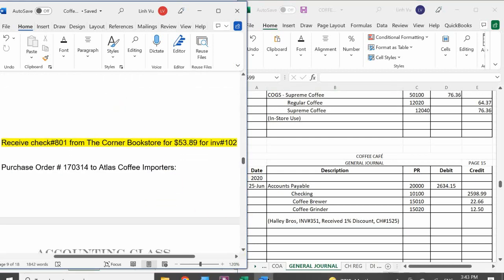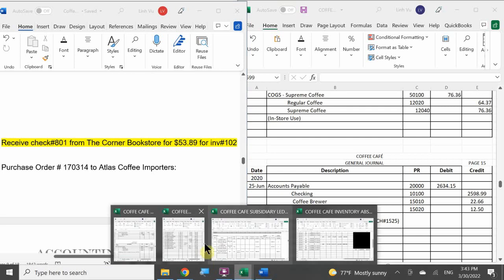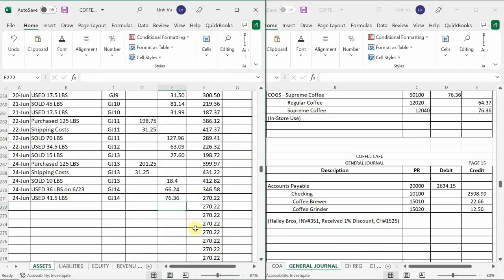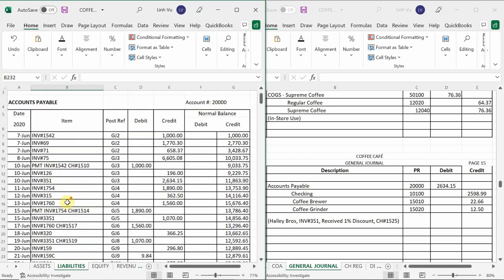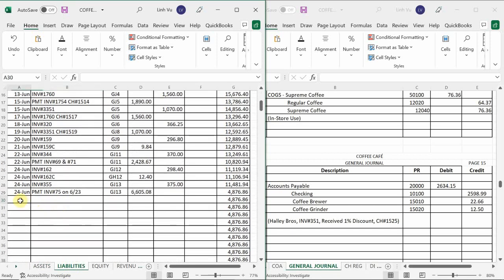All right, so let's go ahead and update our ledger. Starting with accounts payable, because we owe less now because we paid off what we owed. It's the 25th. Payment for invoice number 351.